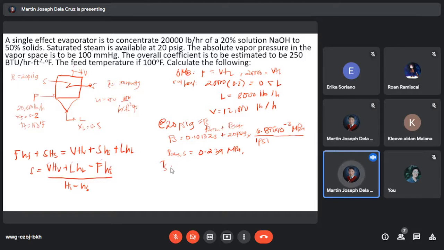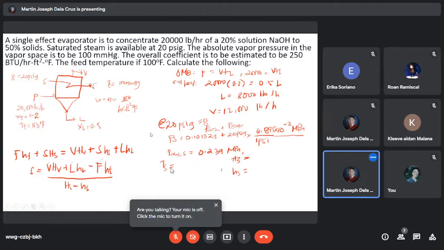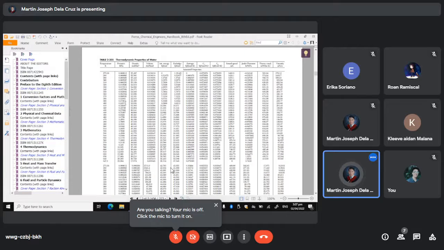And of course, para as one na, get nyo na rin si HS at saka si saturated vapor at saka si saturated liquid. So dito class 0.239.